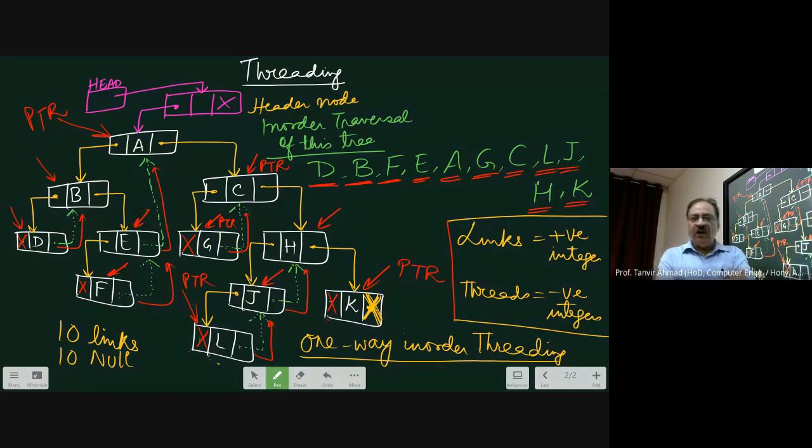Links will contain all positive integers, whereas the threads will contain negative values. Now, once I get a negative value, I will know that this is a thread.